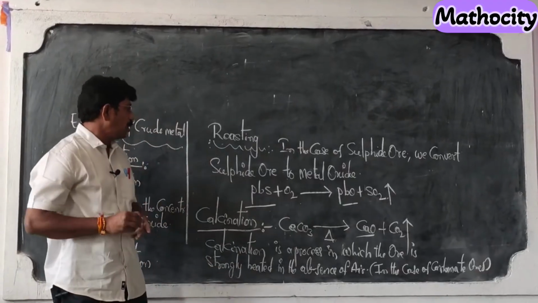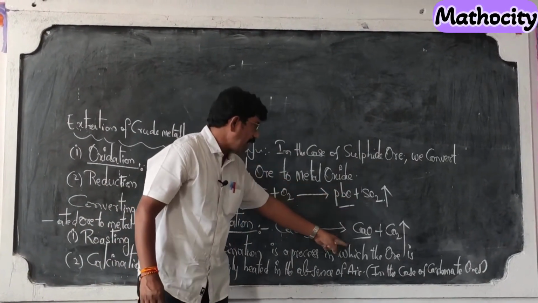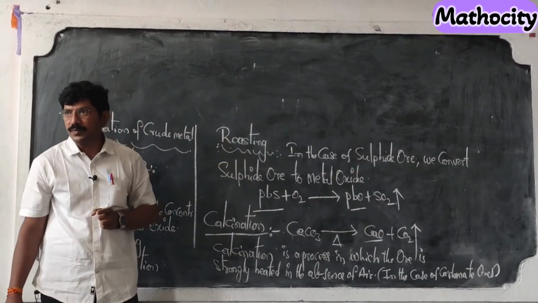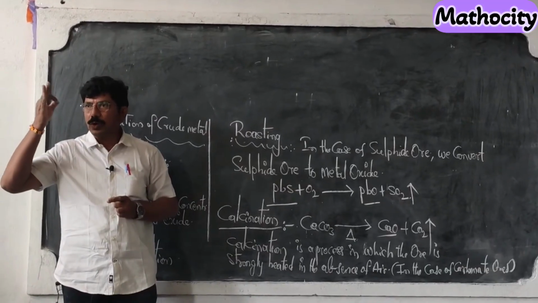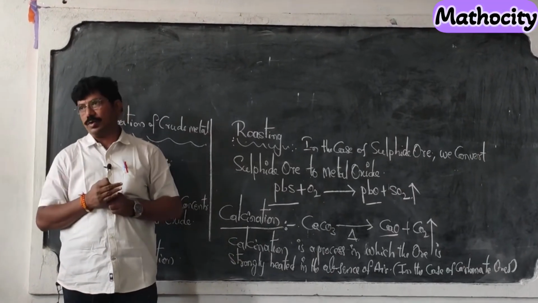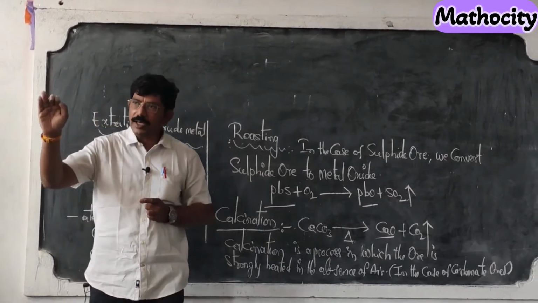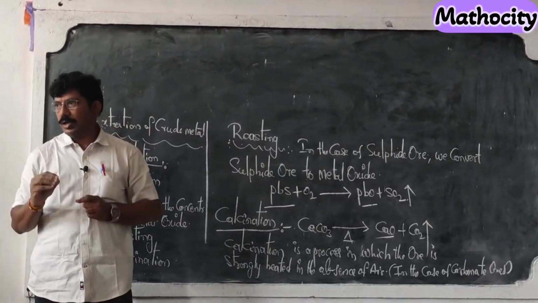So one thing you have to remember, in the roasting process sulfur dioxide is formed. In the calcination process carbon dioxide is formed. Are you clear about that one? So we concentrated the ore, means unwanted impurities are removed. What are the different techniques in concentration? We will discuss later.